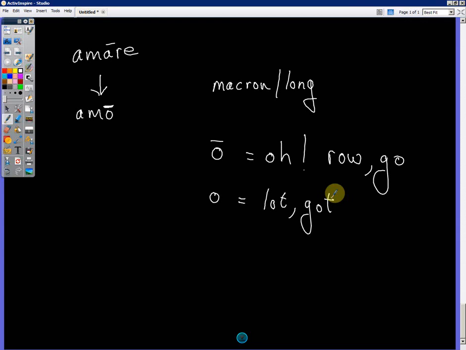Hope you're not in a public place if you're repeating after me. Remember that the long vowel, the O in this case, takes twice as long to sound out, twice as long to pronounce as the short vowel. And that's the only difference between them. The long O takes twice as long as the short O to pronounce.